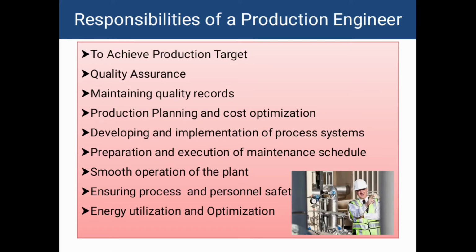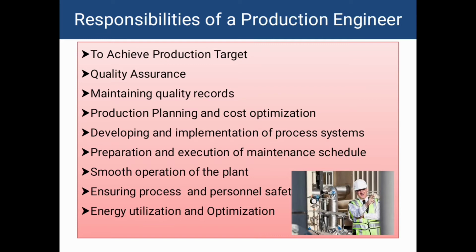The responsibility of a production engineer working in a plant is to achieve the target, and you have to maintain the quality of the product. You have to give assurance for quality and maintain quality records.